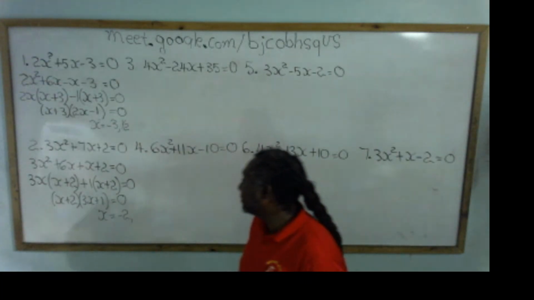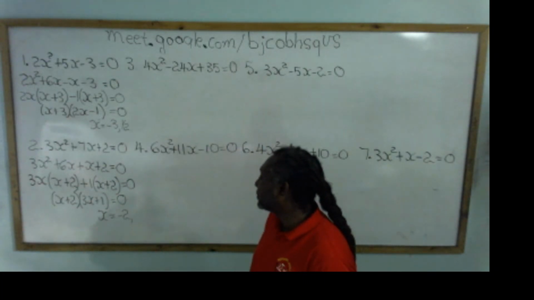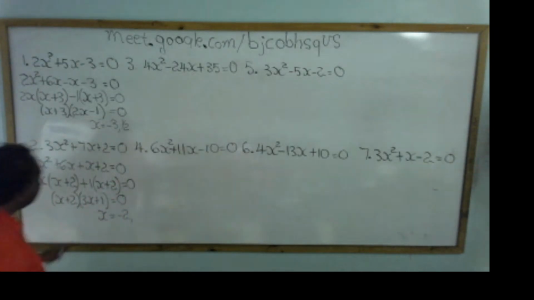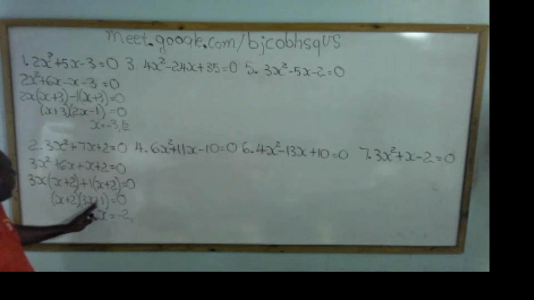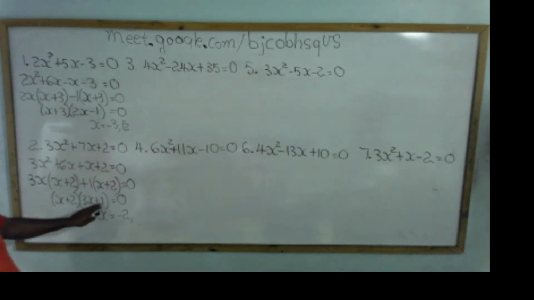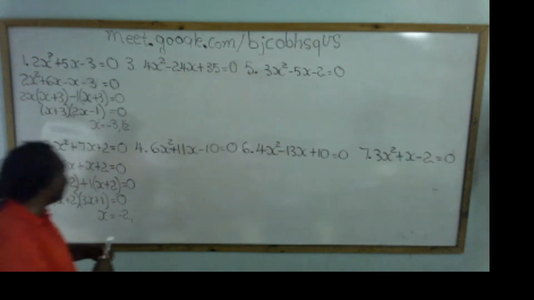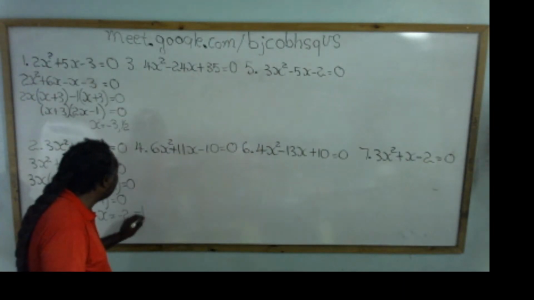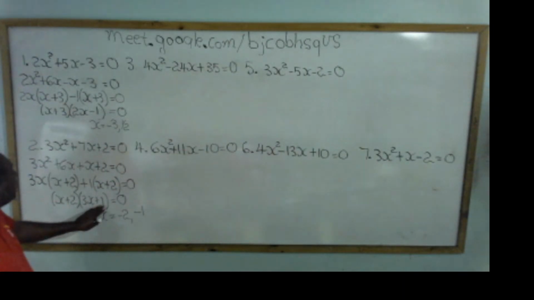Negative 2 and, all right, let's go back to this one. 3x plus 1 is equal to 0. The first thing you eliminate is this one by subtraction. So you subtract the 1 minus 1. After subtracting 1, you have 3x.